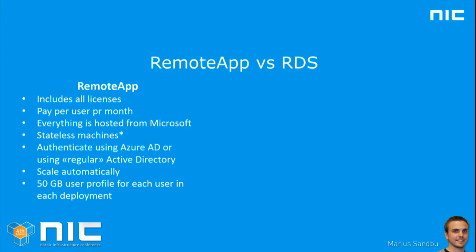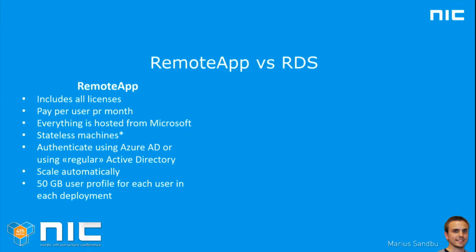So let's take a look at the differences between traditional RDS and RemoteApp. Who here has set up a traditional RDS server or a terminal server? Yeah, that's mostly everybody. So RemoteApp, as I mentioned, includes all the licenses, pay per user. Microsoft is responsible for everything.